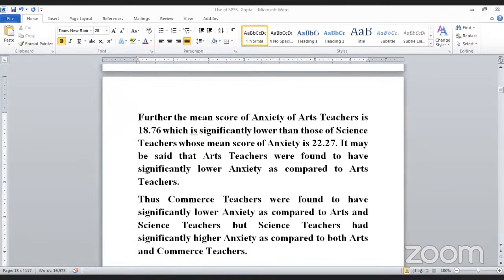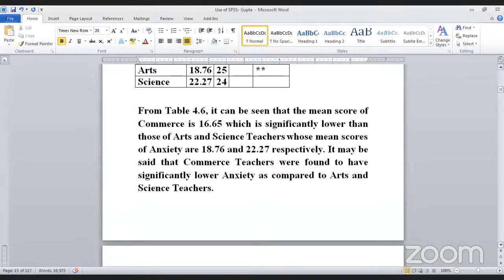Where have I written it? Please see, here it is lower than that of arts and science teachers, the teachers whose mean scores are this and this respectively. It is correct. So it may be said that commerce teachers were found to have significantly lower anxiety as compared to arts and science teachers. This is correct. Where Sojanya have I written?